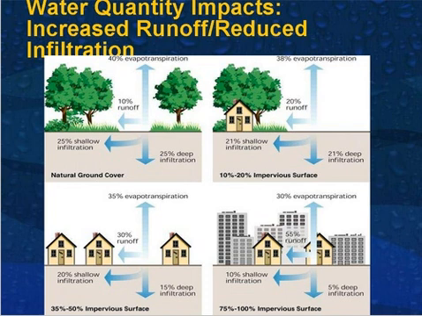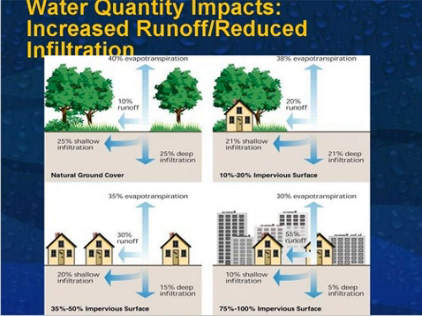So if you look at this graphic just really quickly, in a natural state where we have forest cover or meadow cover, we'll have something along the lines of about 10% runoff, sometimes less, particularly in a densely forested area. And you can see the breakdown of the water cycle where it's going there.